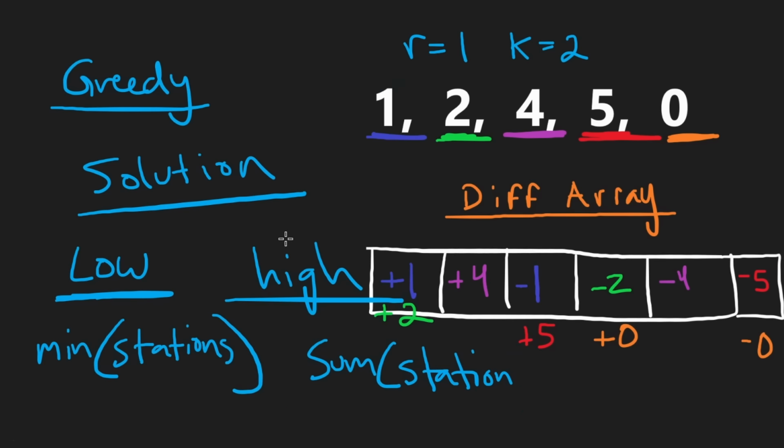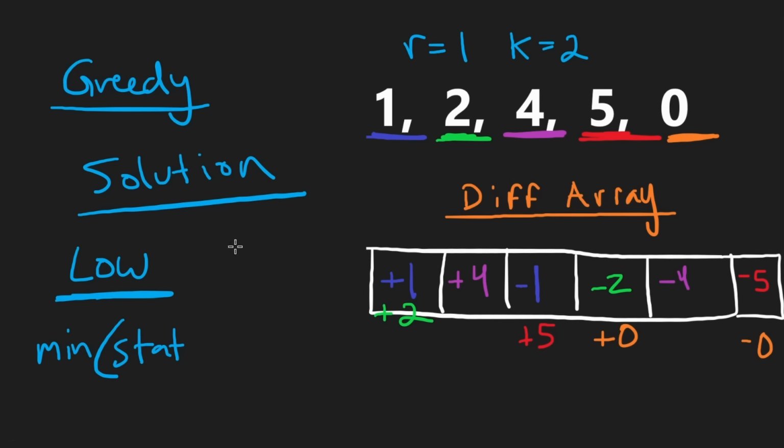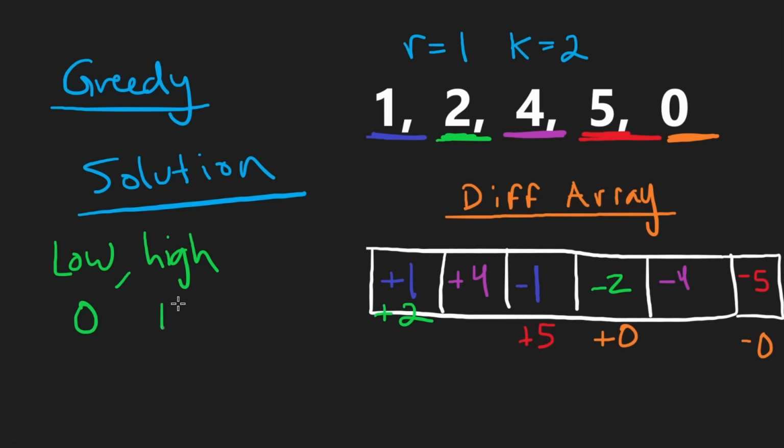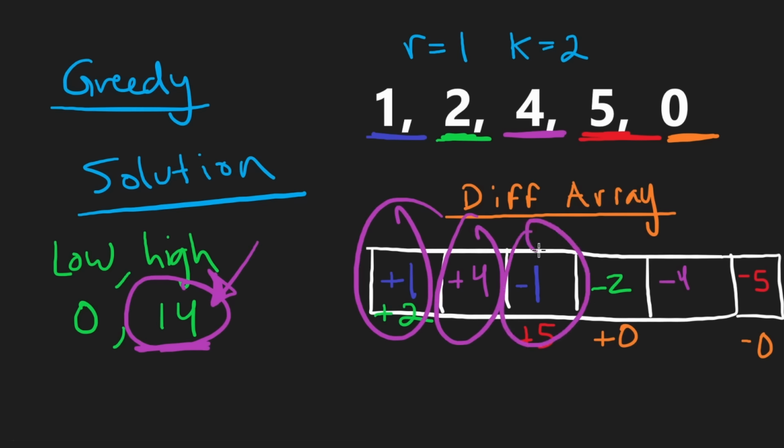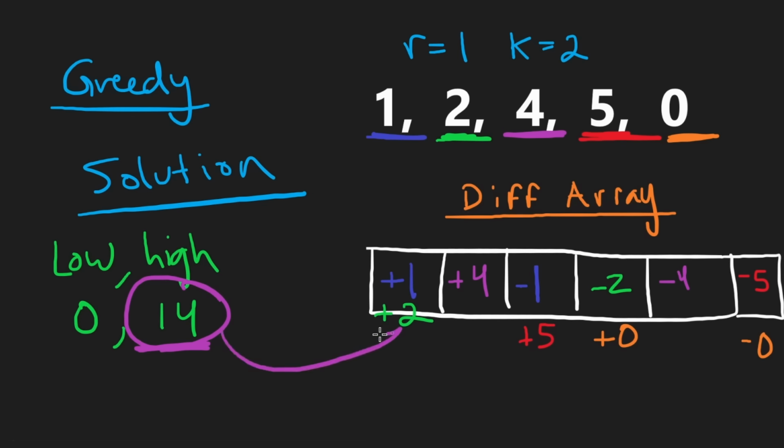So let's just make it concrete. And let's say our range is going to be 0 up until 14. So let's assume that 14 is what we're trying to do. We're trying to make every single one of these have a power of 14. Once we make that assumption, it's a lot easier to check if that's actually valid or not, because this is what we do. We be greedy.